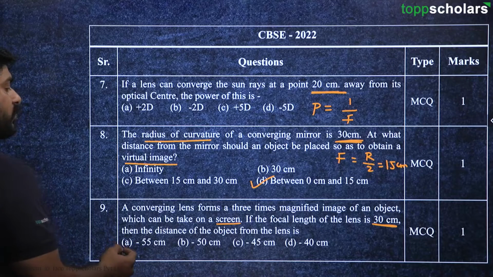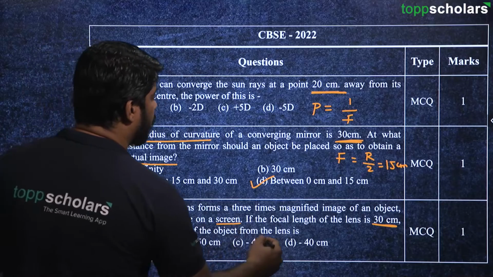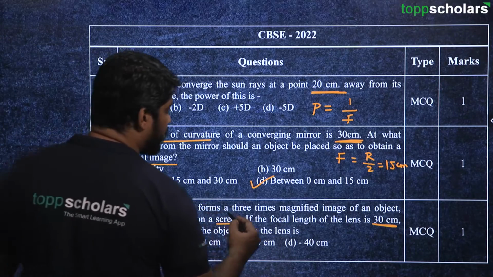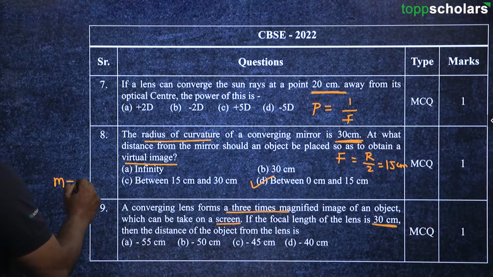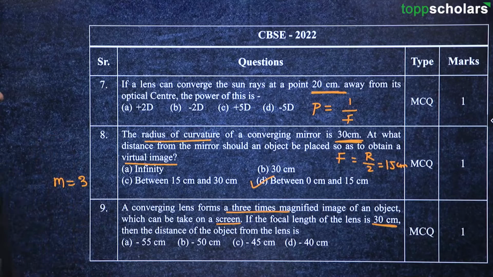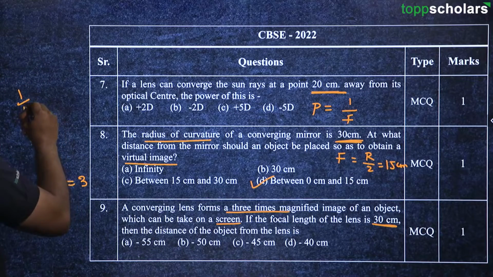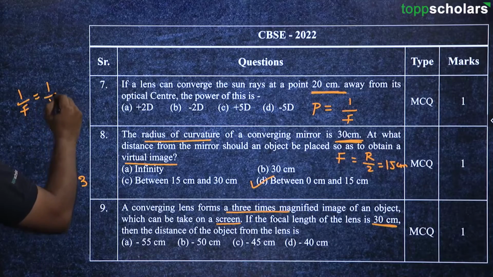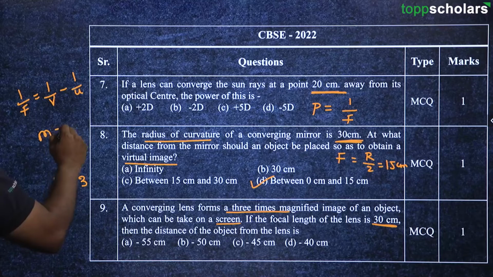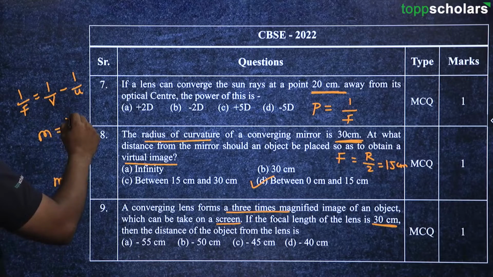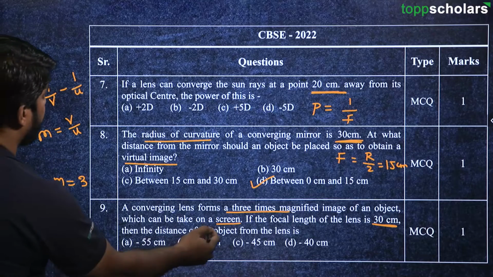We have to just find the distance of the object from the lens. Another condition that is given is 3 times magnified, that means magnification is also given to us, isn't it? So using these two properties and the formulas that we know, that is 1 upon f is equal to 1 upon v minus 1 upon u, and the other formula, m is equal to v upon u, we can find this out.